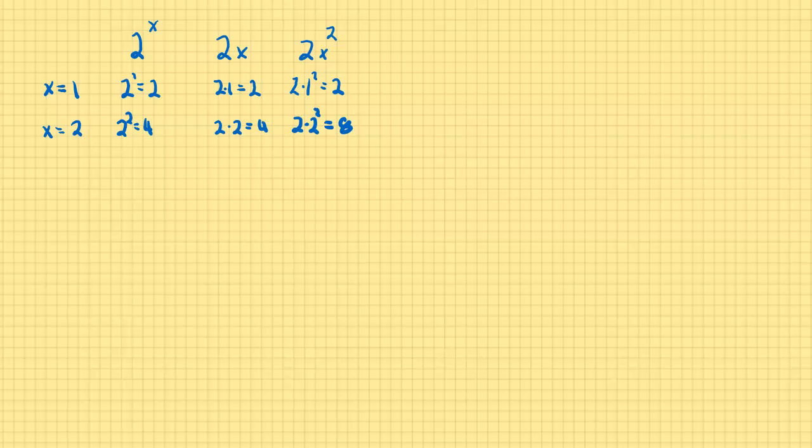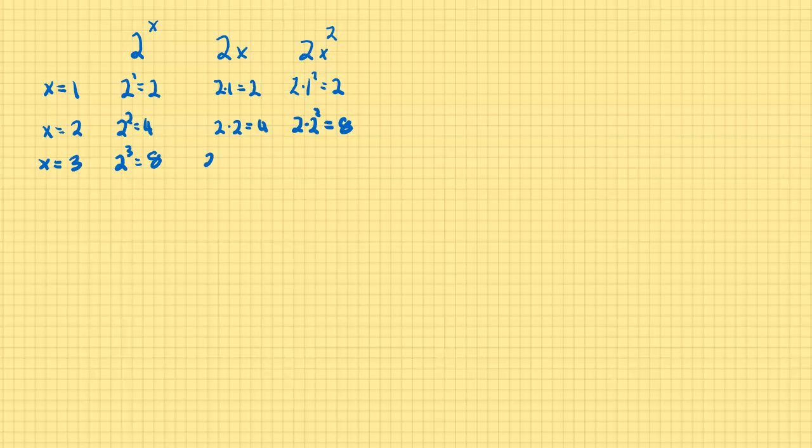Let's continue and try to imagine what's going to happen as we get larger and larger values of x. Which one is going to start taking on the greater values? Let's keep going. 2 to the third, right? If x is 3, that's 2 to the third. Well, that's 2 times 2 times 2, which is 8. What about for the linear function?